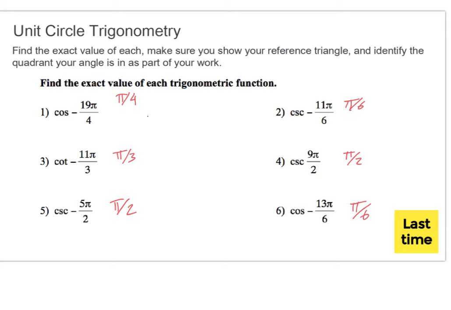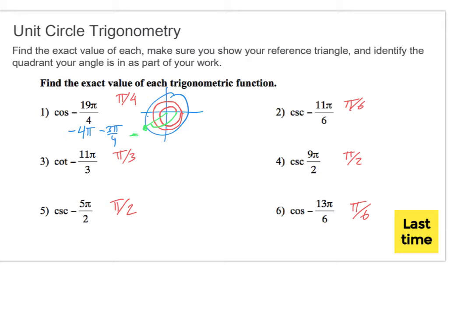For cosine of negative 19 pi over 4, well, that's like saying we're looking at negative 4 pi because we've got 4 pieces here, and then we've got minus 3 pi over 4 more. The reason that I want to talk about it that way is to say, okay, well, there's 2 pi, 3, 4 pi, and then we've got to go 3/4 of 1 pi around again, which is going to take us right here.